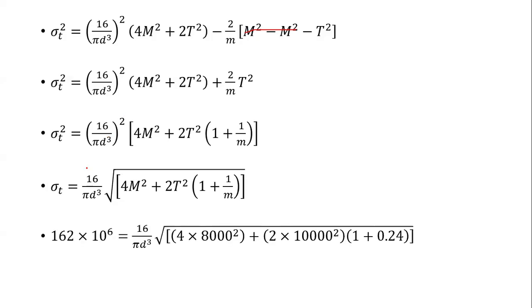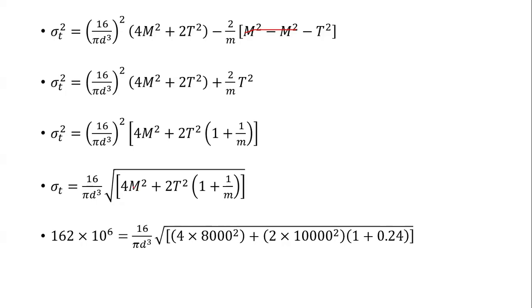We can now substitute. Our substitution is 162 by 10 power 6 is equal to 16 over pi d cubed. Then open brackets are 4 times 8,000 plus 2 times 10,000 plus 1 plus 0.24. 0.24 is 1 over m. T is 10,000.